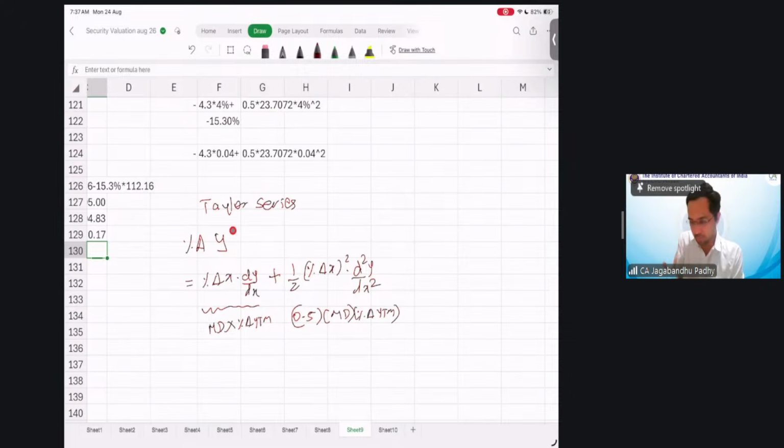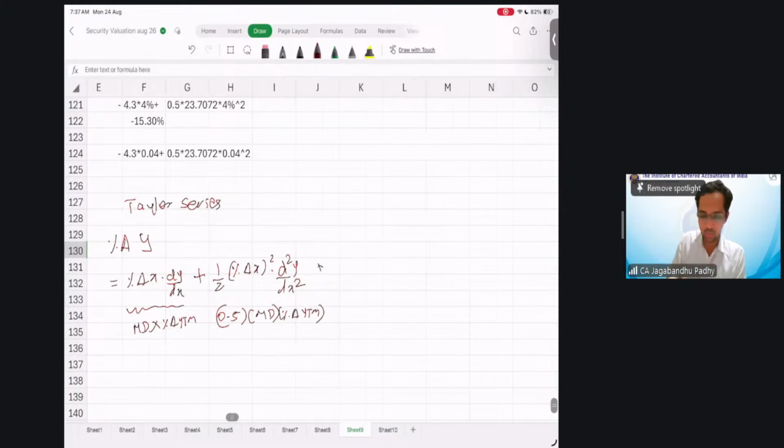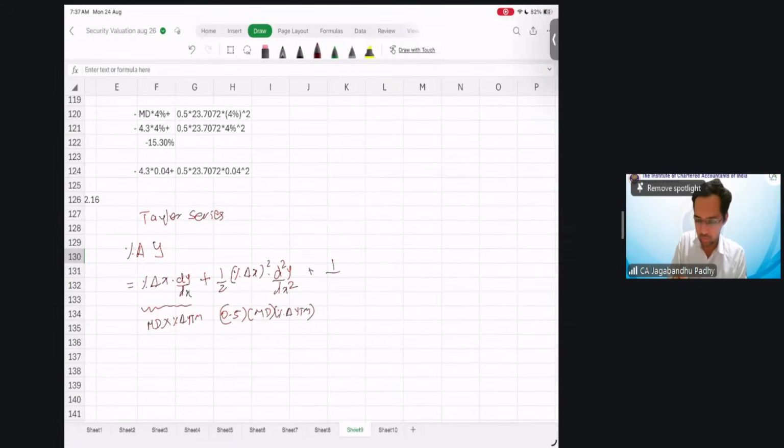If you want to improve it, just add one more term, 1 upon 3 factorial into percentage change in x cube multiplied by d cube y by dx cube, plus 1 by 4 factorial into percentage change in x raised to 4 into d raised to 4 y upon dx raised to 4.